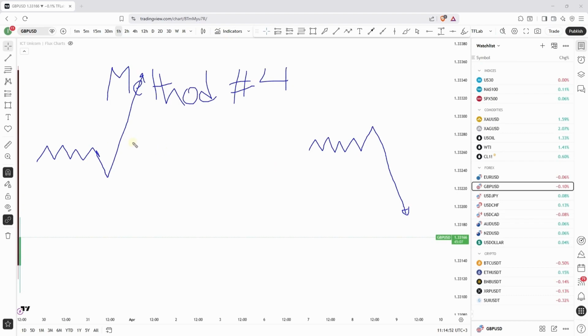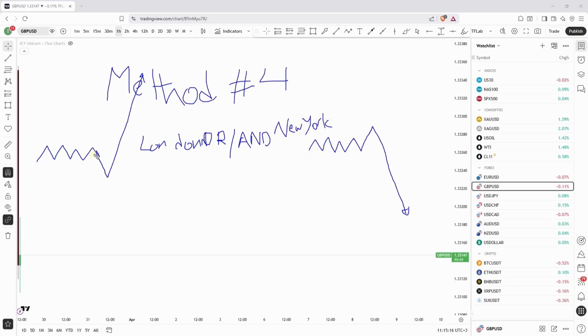Of course, this trend can happen more often during the London session, but it can also happen during the New York session, and it's also possible that it doesn't happen at all. That is, if we get this signal that our trend has swept the Asian session's low and has become bullish as a result, it continues during the London session, but for New York, there's a chance that it might not happen.